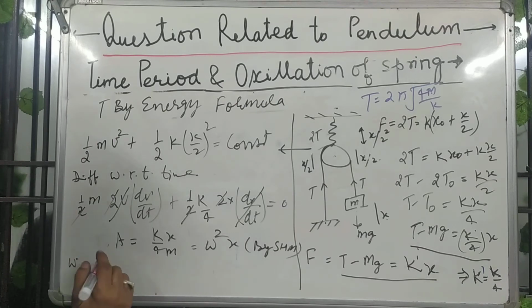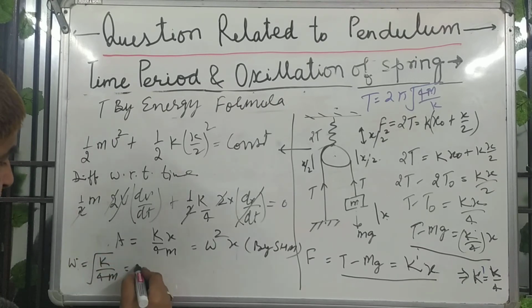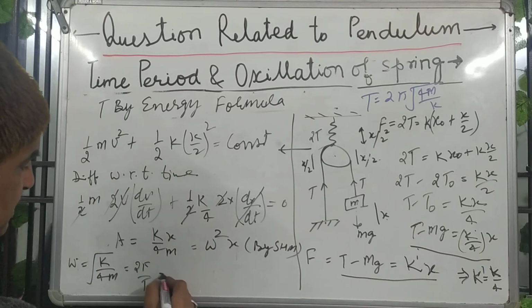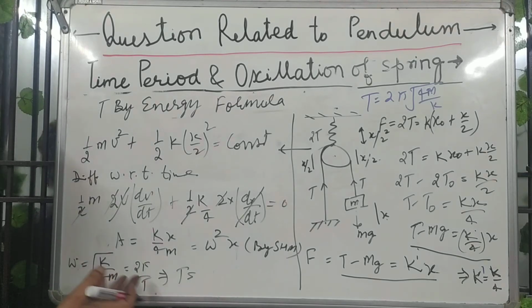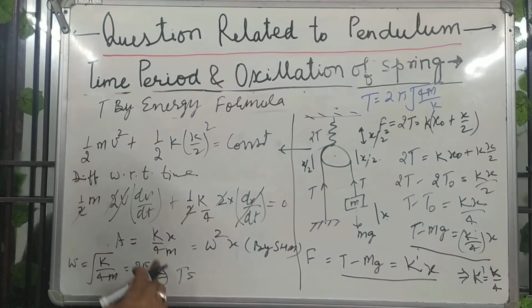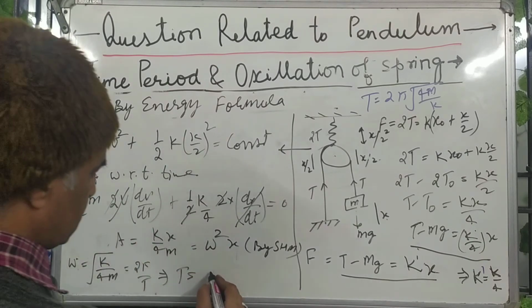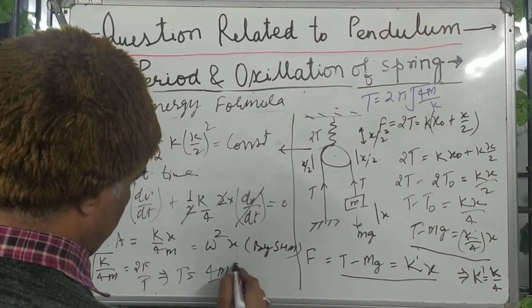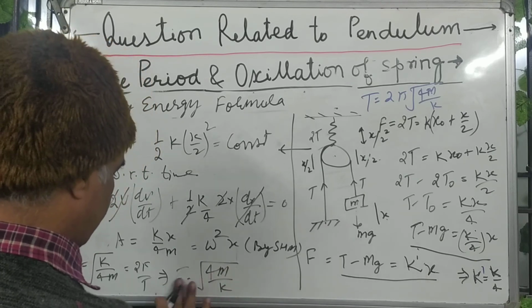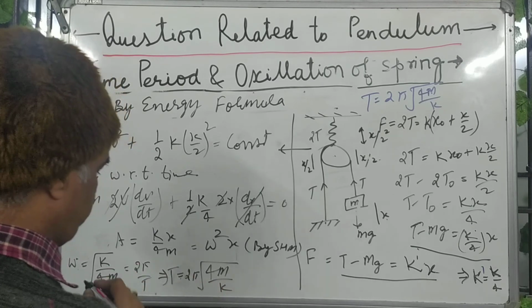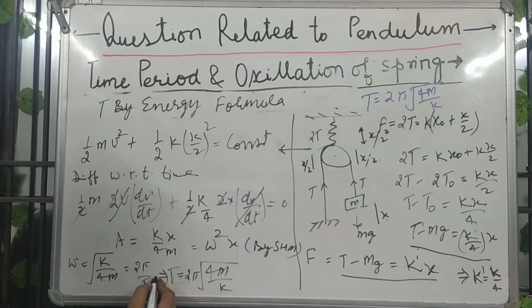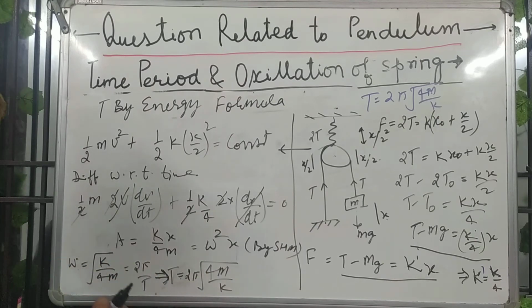So omega equals the root, and omega is 2 pi by T. This implies T equals 2 pi into root of 4m by k. So the time period T equals 2 pi root of 4m by k.